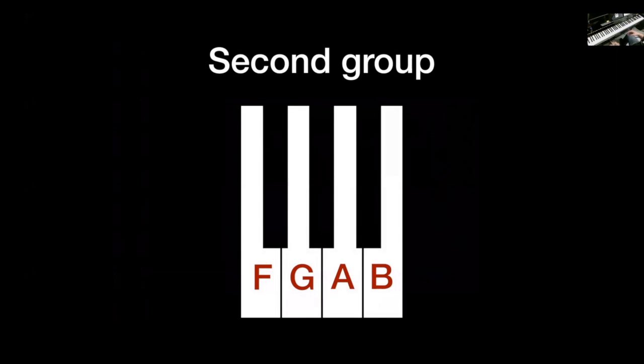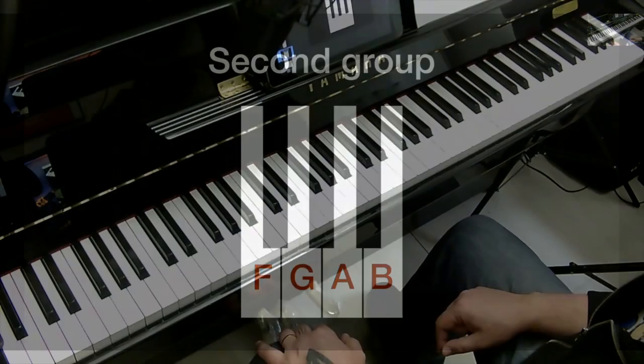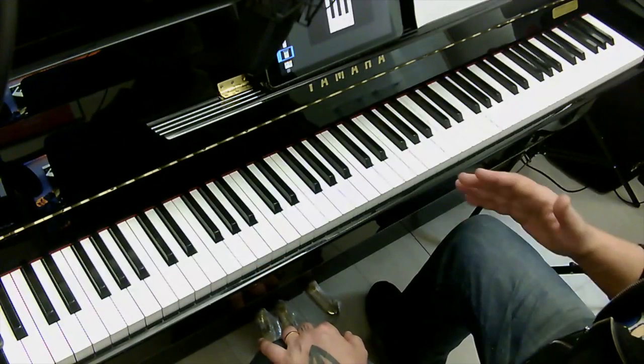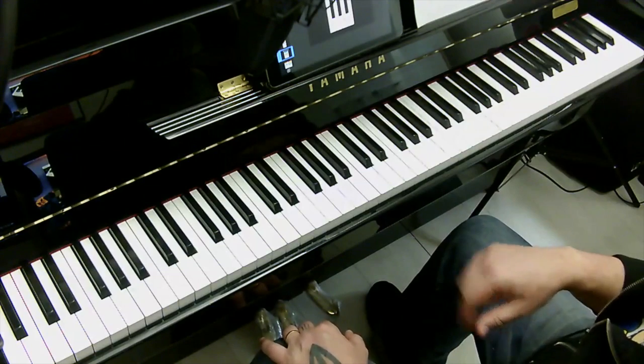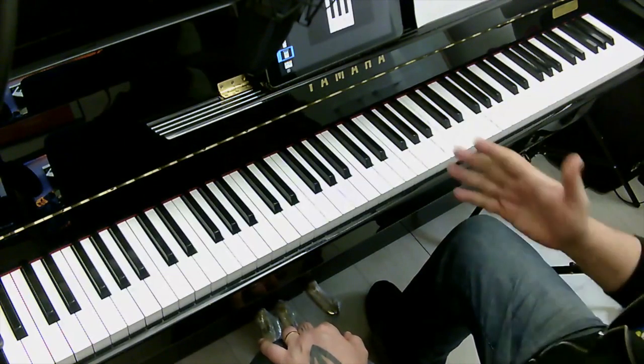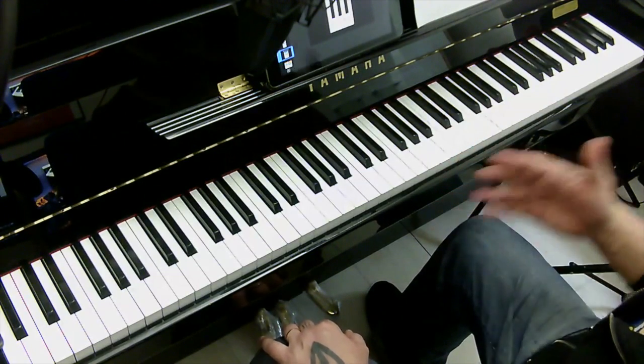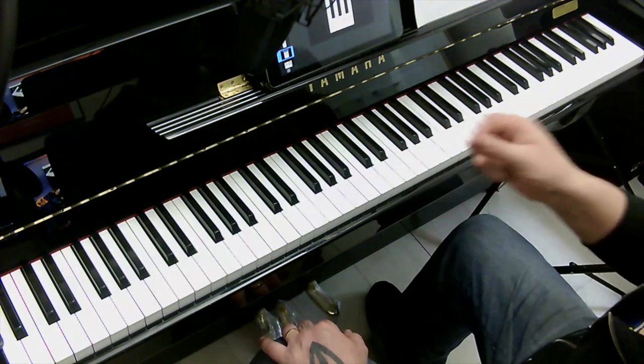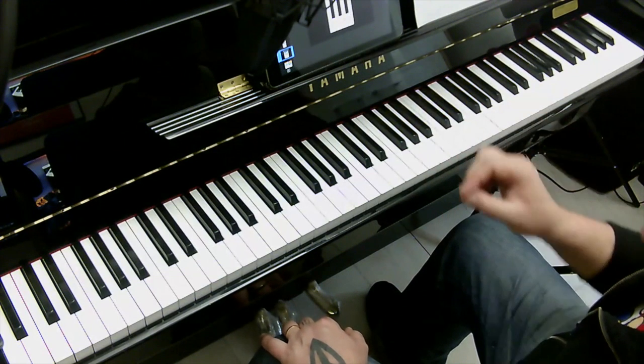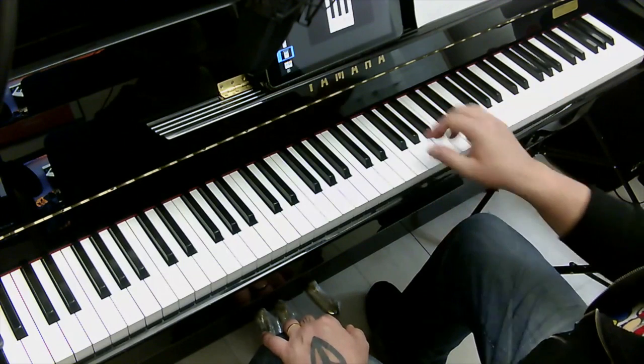So now you have another group of notes, this time around the group of 3 black keys, which you need to practice to find quickly. F, G, A, and B. And I suggest you practice that in the same way that you practiced the first group. So get somebody to help you, get somebody to call the notes out loud, and your job is to find them quickly on the piano or keyboard.